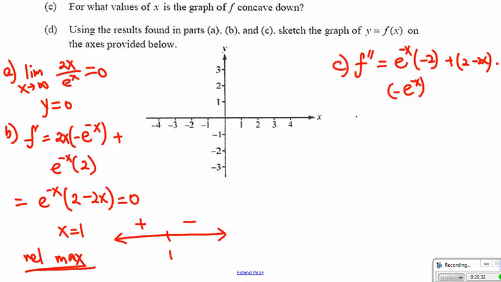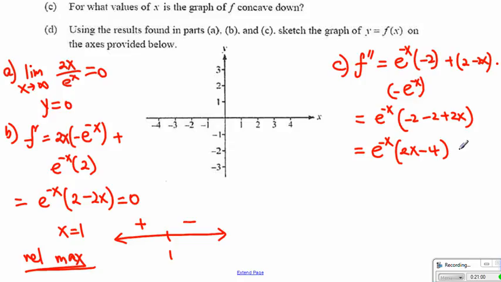Now, by factoring out the e to the negative x, we get negative 2 and minus of that, negative 2 plus 2x. When I simplify this one, e to the negative x times 2x minus 4.